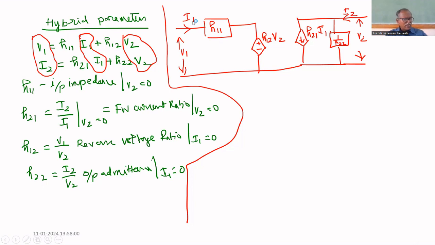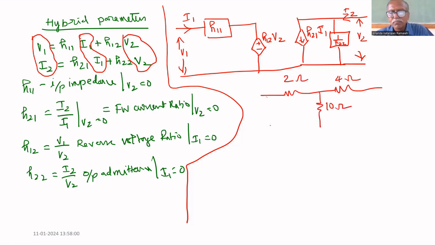So now we have to find the parameters for a particular circuit. The circuit: find the H parameters for this circuit. 2 ohm, 4 ohm, T network, 10 ohm. What is the first equation?